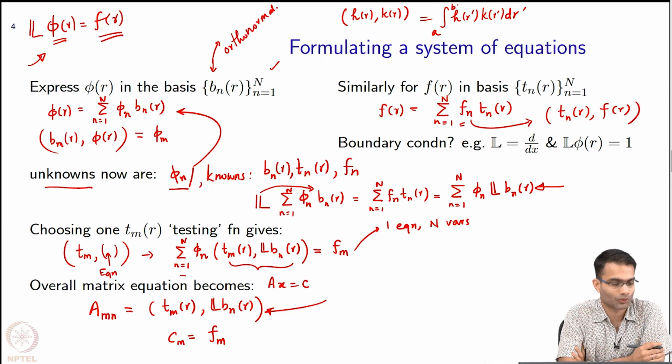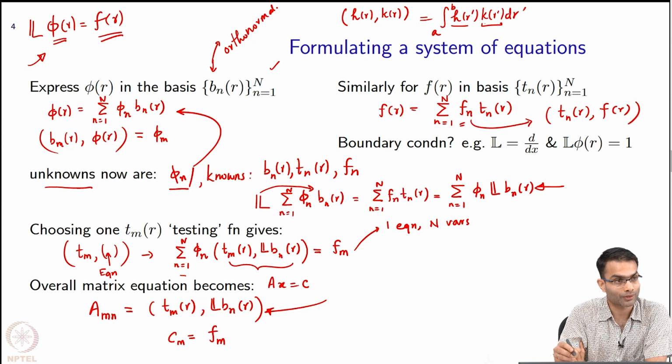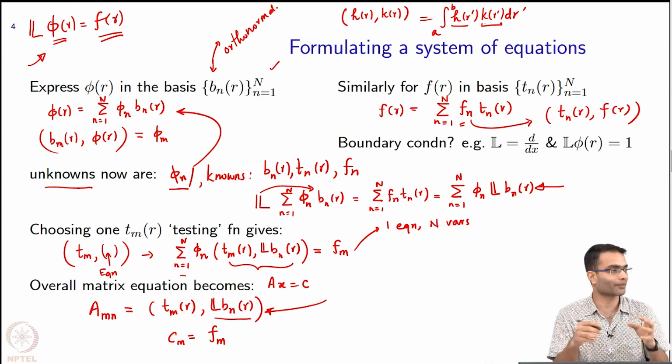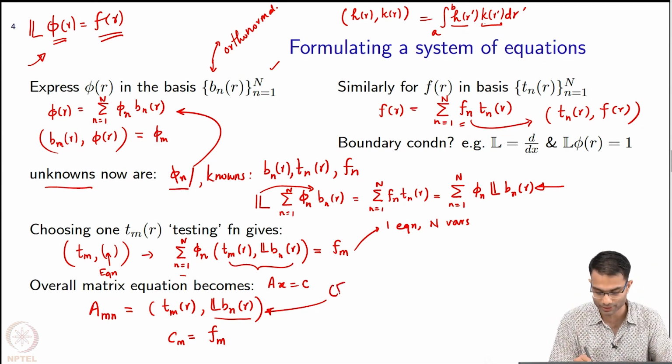So what is going to happen? This guy and this guy, they have to be integrated to get you this inner product, and this itself may be an integral with differentiations inside it or whatever. So this is where all the CEM action happens.